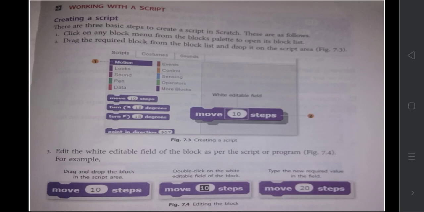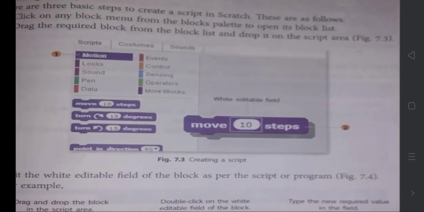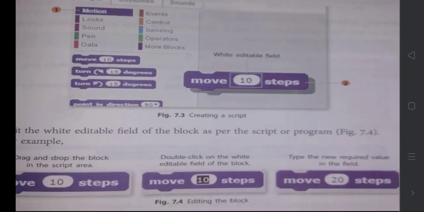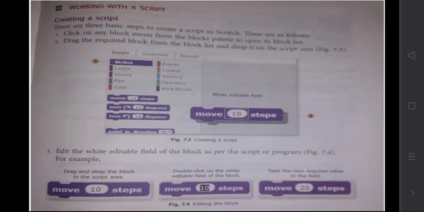Like see here, here you have some instructions. Like if you want to drag motions, you can drag that into the block area. Then edit the white editable field of the block as per the script or program.